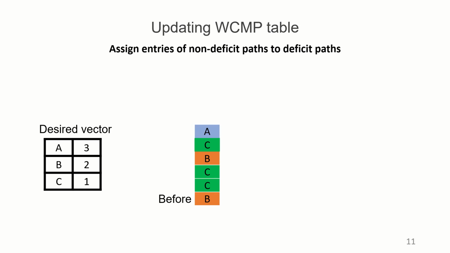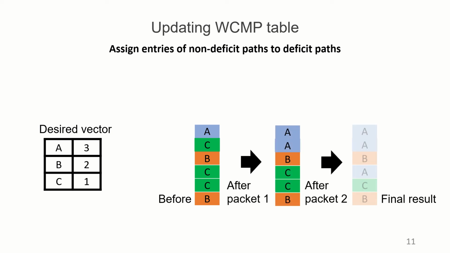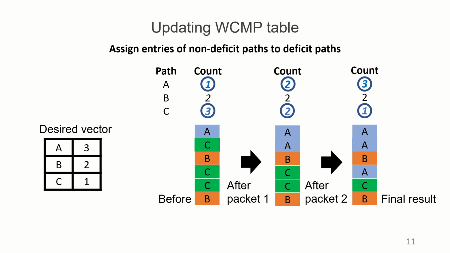Another alternative is to divide the required updates to the table across multiple packets. In our paper, we show a way to keep track of the number of entries for each path, so we can update the table more accurately. I won't cover the details, but notice that to support this, we need to sequentially read multiple registers across multiple stages, and then write to the earlier register again in a later stage.